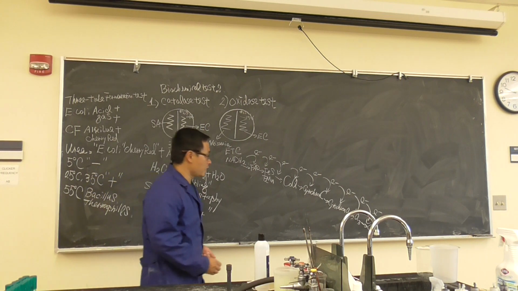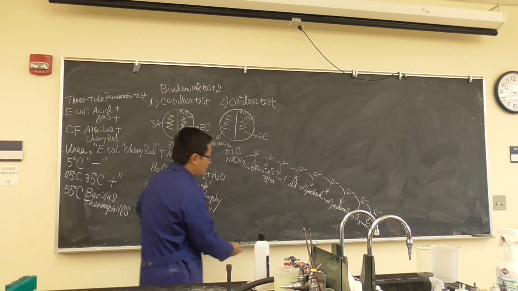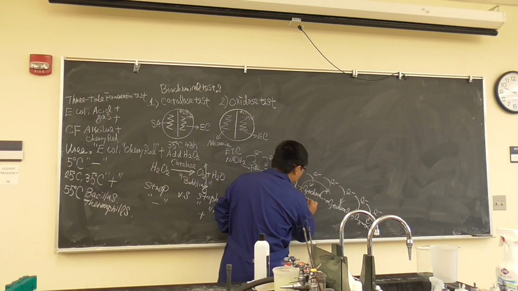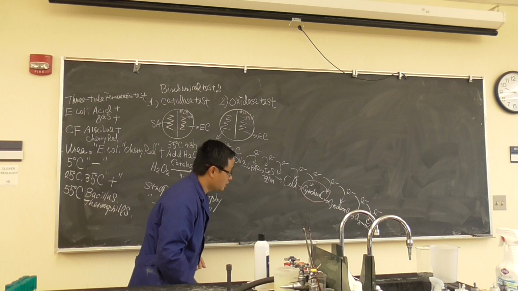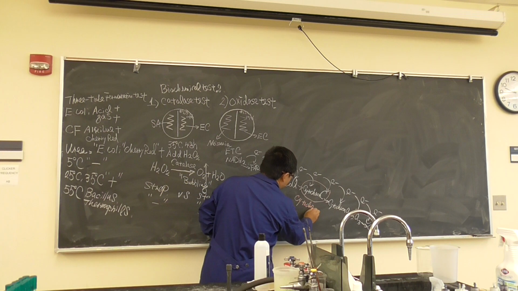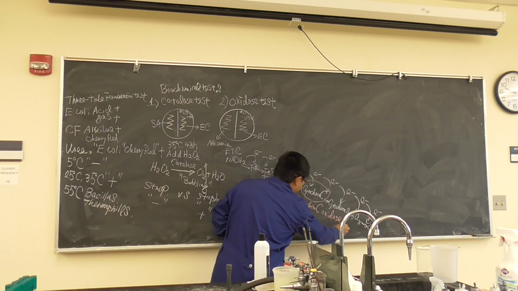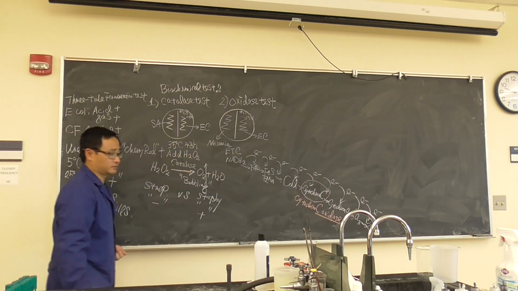Now, when the electron transfers to cytochrome c, they need an enzyme to finish the process. That is cytochrome c oxidase. That is where this enzyme comes from.